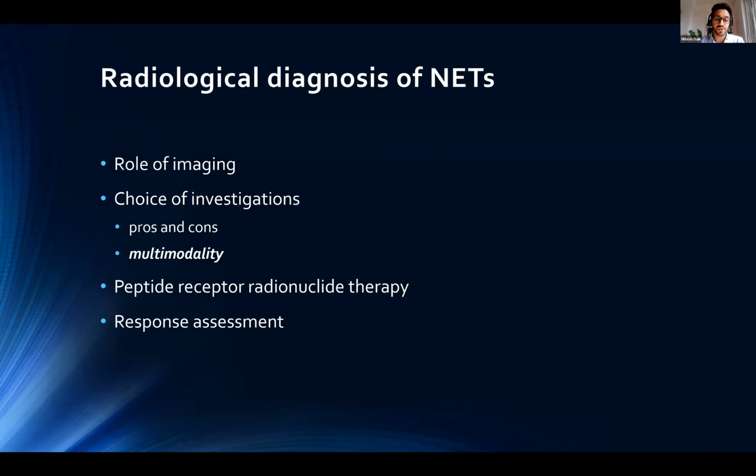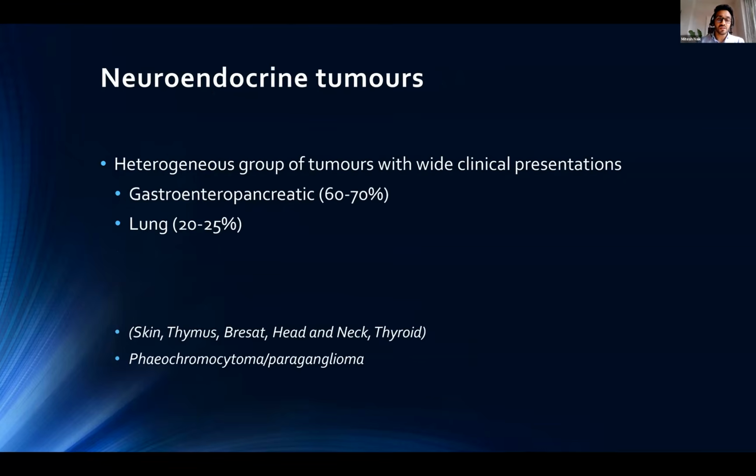I'll touch briefly upon PRRT and the role of imaging in work up to that, and also, if we have time, discuss response assessment. So neuroendocrine tumors, obviously we've heard a lot about this already. I will be focusing on GEP NETs and lung NETs predominantly, so I won't be touching on other primary sites described below, nor will I be discussing pheochromocytoma or paraganglioma.